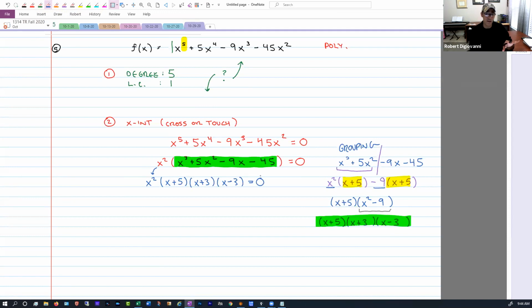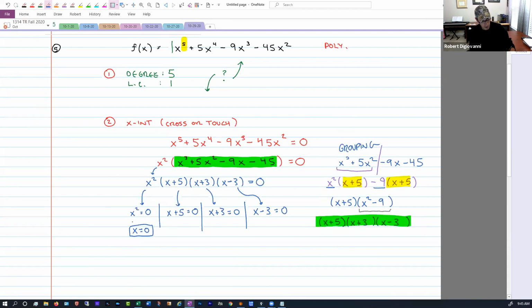It is fully factored. Now we set each factor equal to 0. And this is going to set up like 4 different equations. So each one of these we set equal to 0. Now for the first equation, the only thing that you can square to ever get 0 is 0 itself.